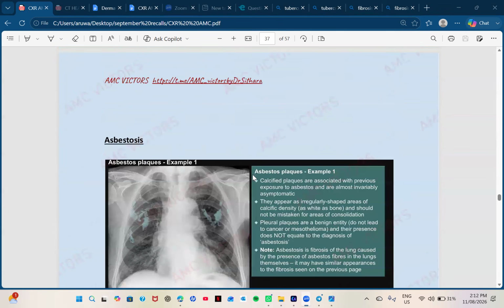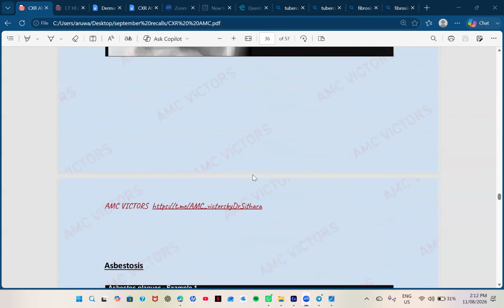Okay, how is asbestosis presented? Asbestosis. I think this question came in. You can see asbestosis as plaques. Okay, what about the doctors? I think in July we got some questions, right?